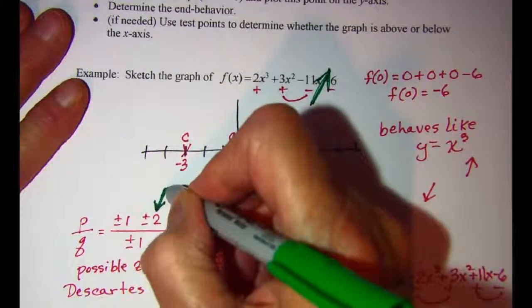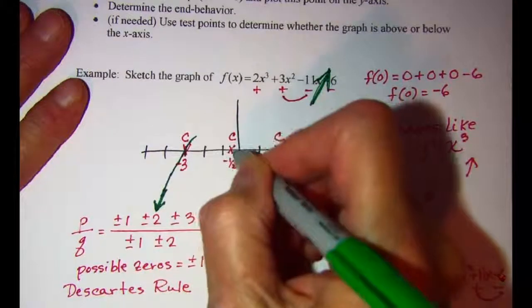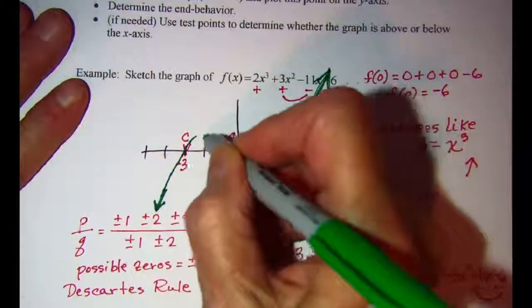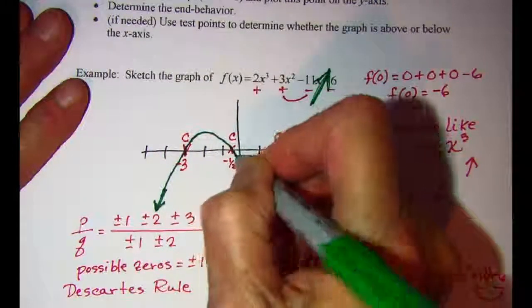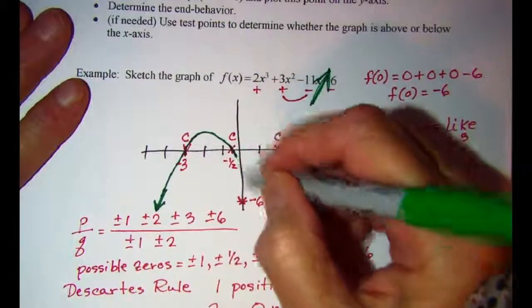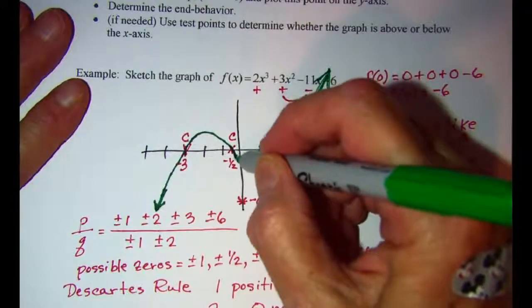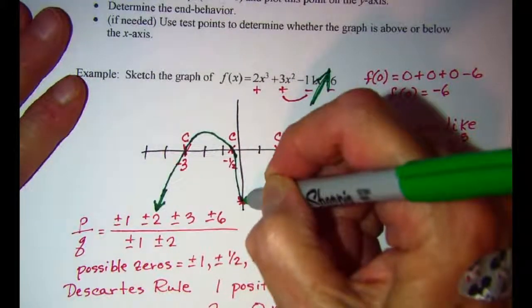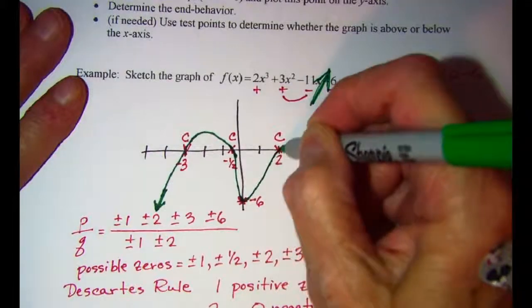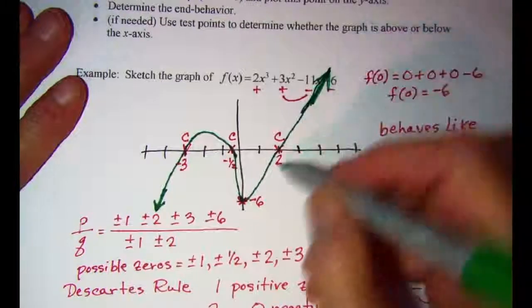So I'll head up to this 0 and cut through. Then I have an appointment here at negative 1/2, so I need to come around and cut through there. And my y-intercept is negative 6, so I need to come down here and cut through my y-axis at negative 6, and then head up and cut through my x-axis at 2.